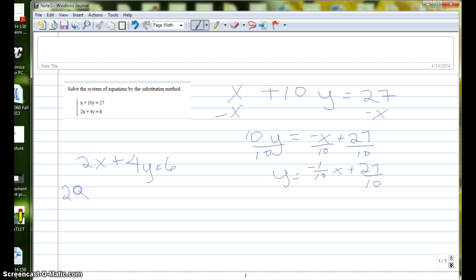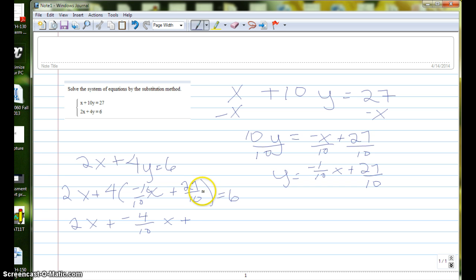So we have 2x plus 4 times negative 1 over 10 x plus 27 over 10, equals 6. Now we need to distribute the 4, so we'd have 2x plus negative 4 over 10x, plus 4 times 27.